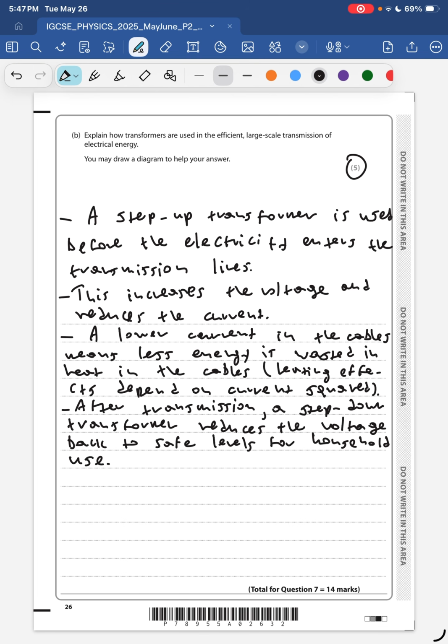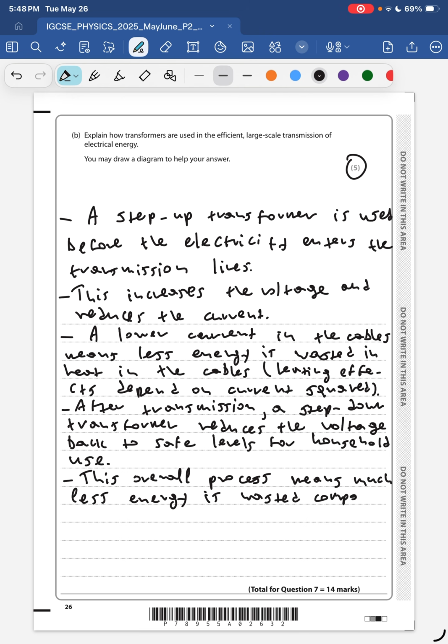This overall process means much less energy is wasted compared to transmitting low voltage, high current. This was a long answer, but I think it's complete, and you should get full marks with this answer. Next one is question number 8, the last one in this test.